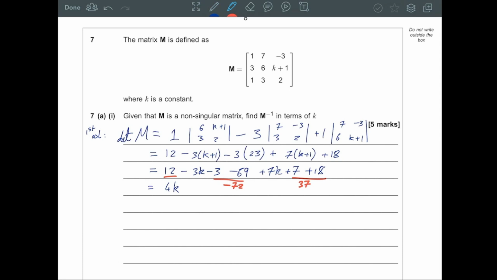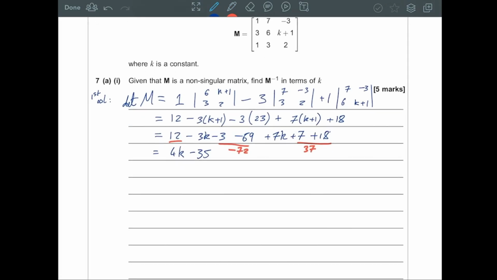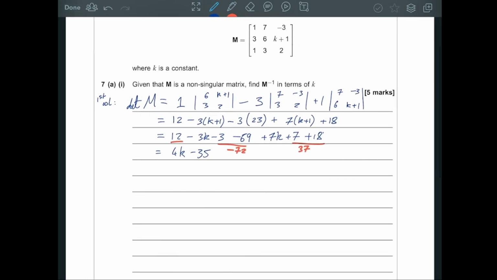So that's going to leave behind 35, negative 35. Not the nicest, and of course I'm cheating by not using my calculator here. You should definitely be using yours to check your work carefully. So that's my determinant.